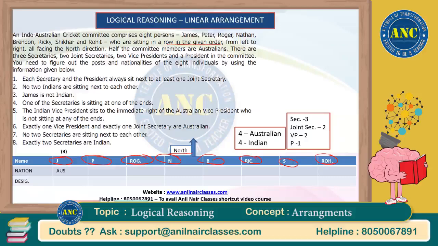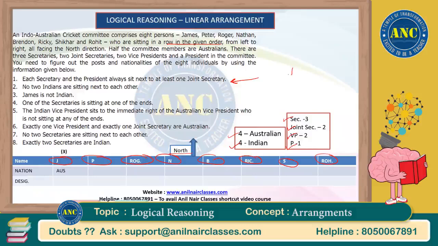Okay, half the committee are Australian, which means 4 Australians and 4 Indians. There are 3 secretaries, 2 joint secretaries, 2 VPs, and 1 president. Each secretary and the president sit next to at least one joint secretary. So just by reading this particular line, what do I get to know?